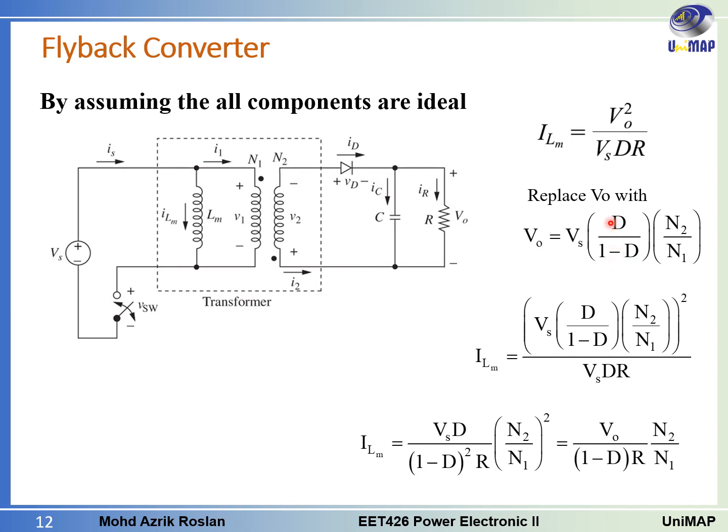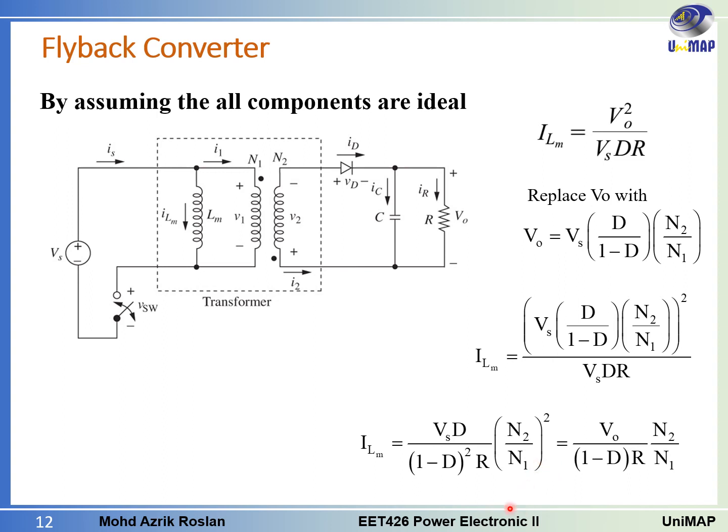So when we replace this, it will become V out square, all of this squared, divided by Vs d R. When you make everything square and cancel out all the common terms, the remaining will be ILM equals Vs d over 1 minus d squared R, multiplied by n2 over n1 squared.